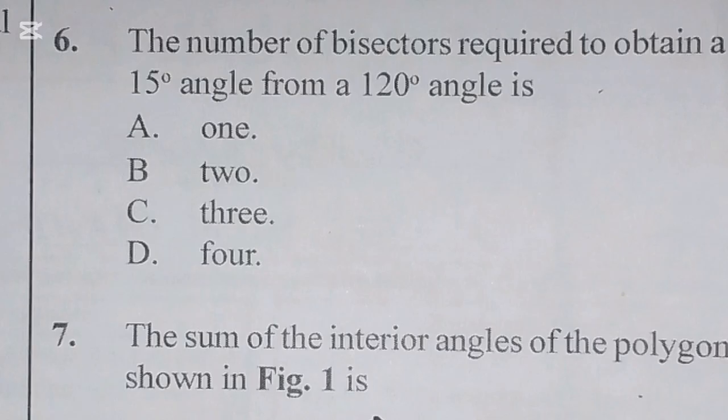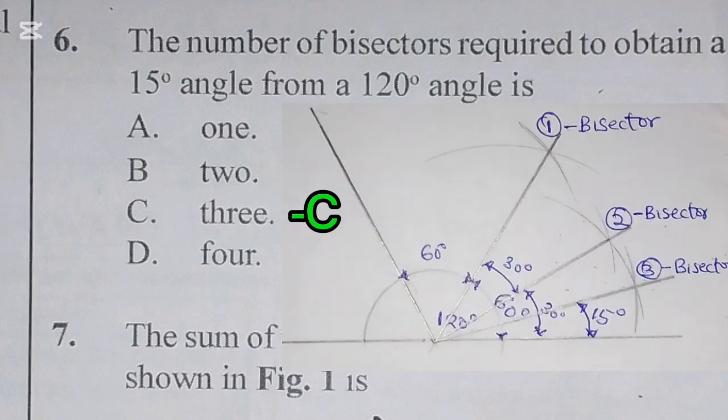Question 6. The number of bisectors required to obtain a 15-degree angle from a 120-degree angle is 3. The answer to question 6 is C. As you can see there, we have 3 bisectors to get our 15-degree angle from 120 degrees.